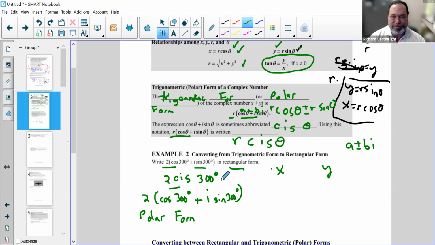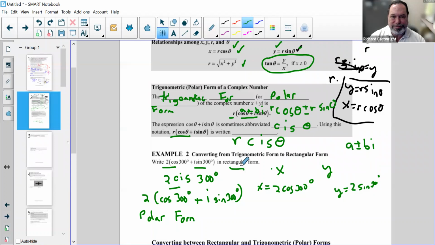Not really. X equals 2 cosine of 300 degrees. Y is equal to 2 sine of 300 degrees. When we get done, we should have an ordered pair.